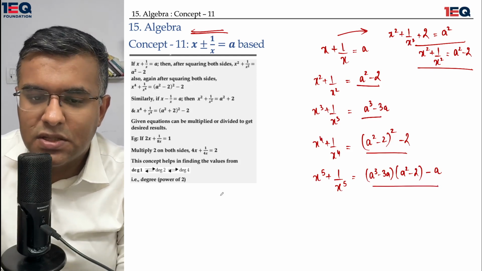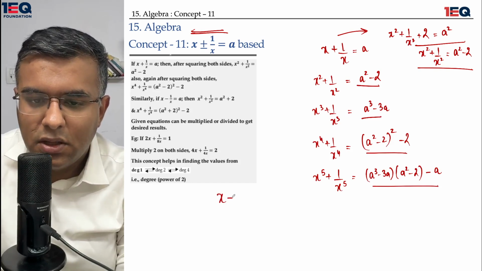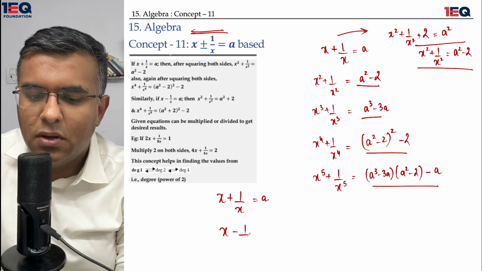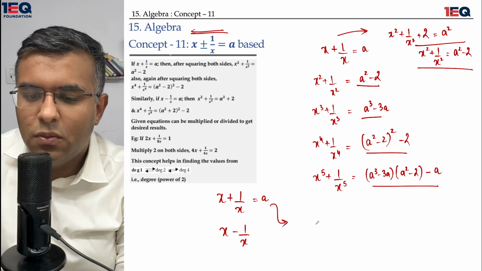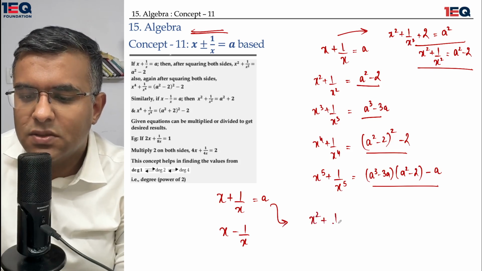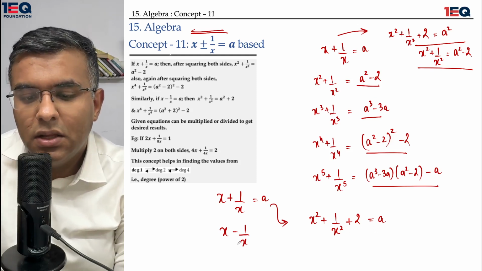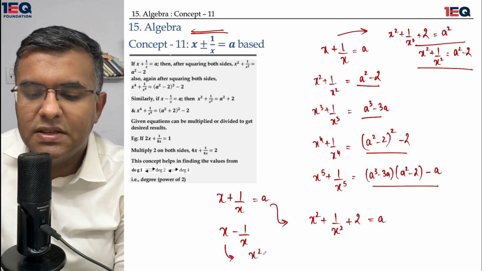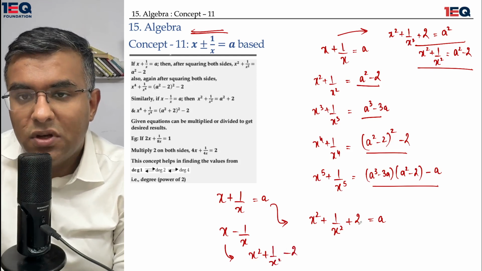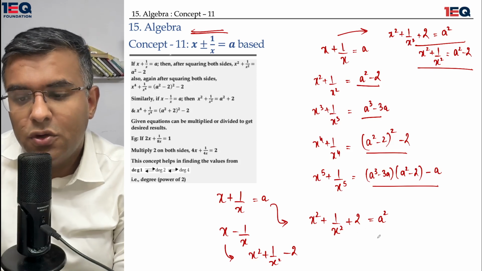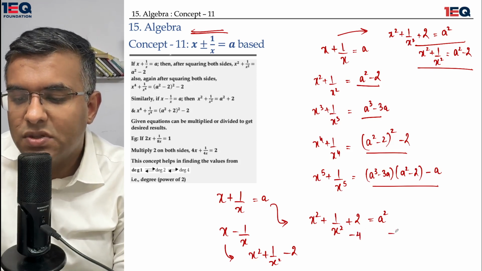And whenever there is a situation when x is written in a plus form and you are asked to convert it to a minus form, at that point, what you would do is you would square both sides: x square plus 1 by x square plus 2 being equal to a square. Now, to convert the left hand side to x square plus 1 by x square minus 2, I would do a minus 4 on both sides.